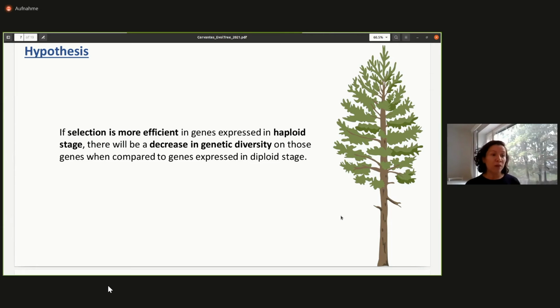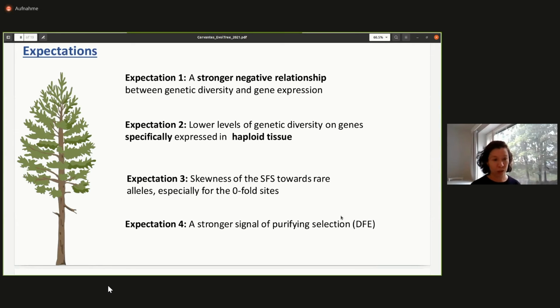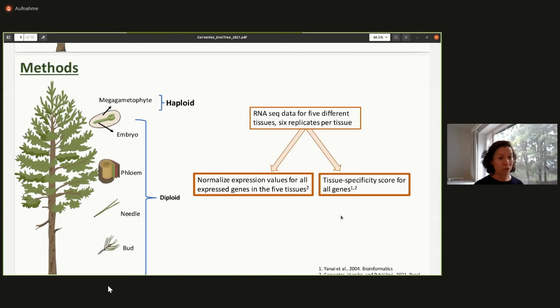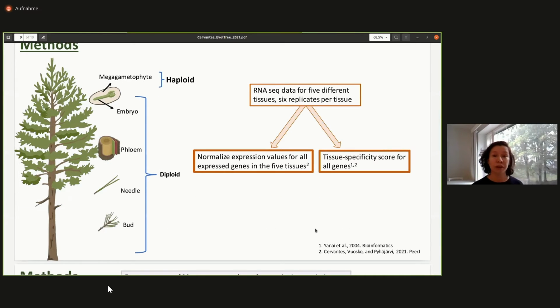For that we have 4 expectations. Just to clarify, our expectations are all related to the efficacy of purifying selection. In order to prove or disprove our expectations, we took a 2-step approach. The first step was to generate RNA sequencing data from 5 different tissues in sylvestris.